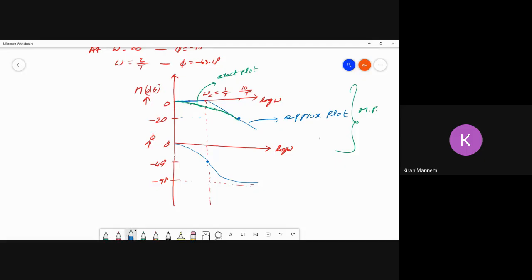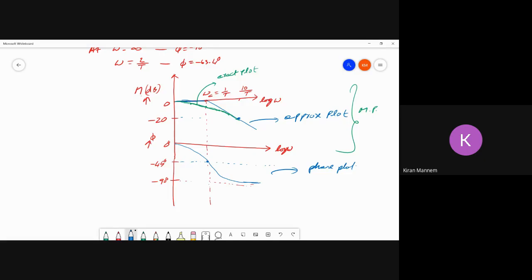Okay, so approximately it will be like this. You draw a smooth curve again, right? So this is your phase plot.